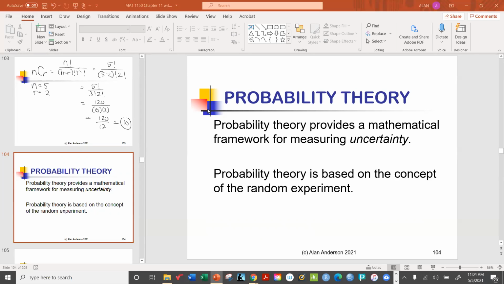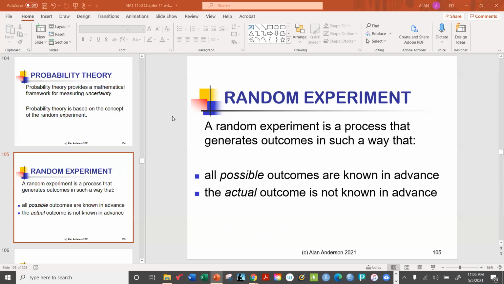We'll start out by introducing probability theory. This is a mathematical framework for measuring uncertainty, and it's based on the concept of the random experiment, which means that we have something going on which generates outcomes in such a way that all possible outcomes are known in advance, yet the actual outcome is not known in advance.